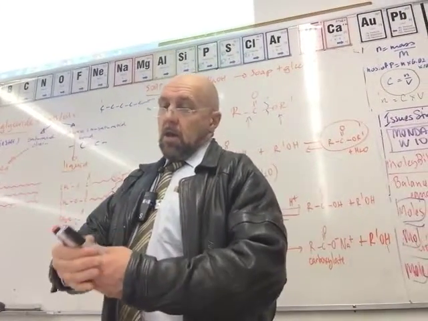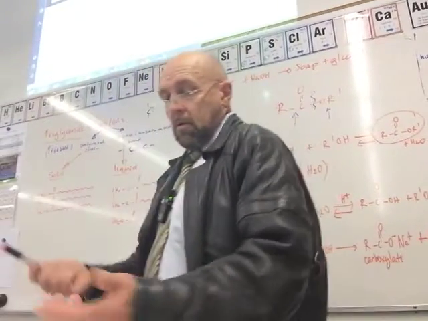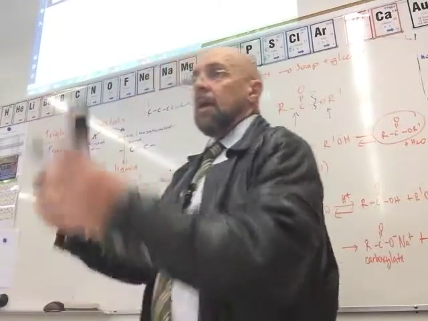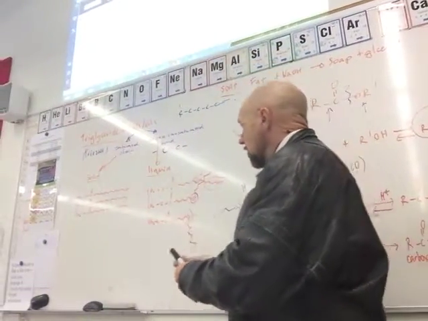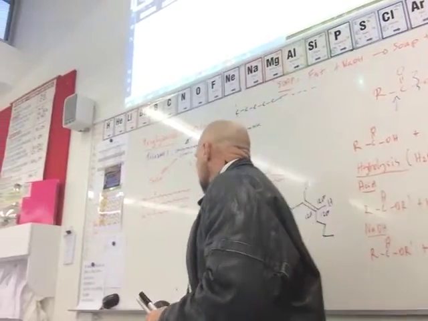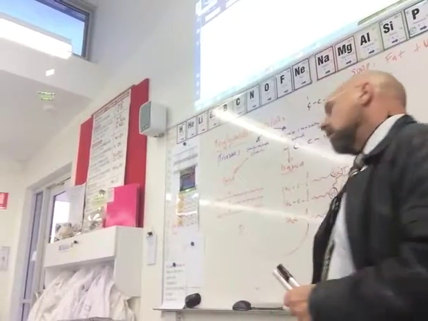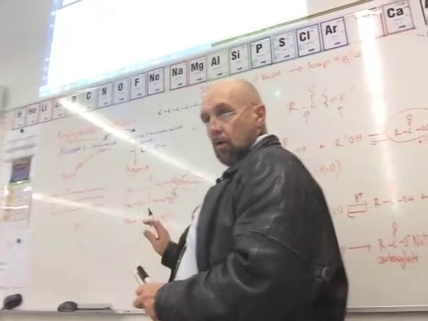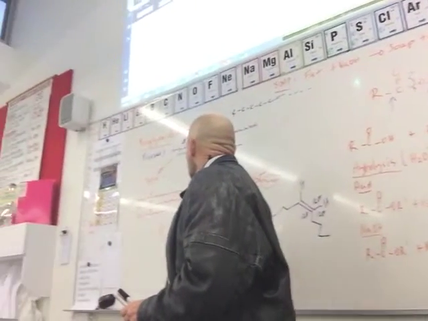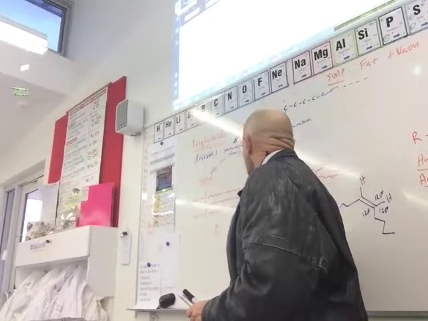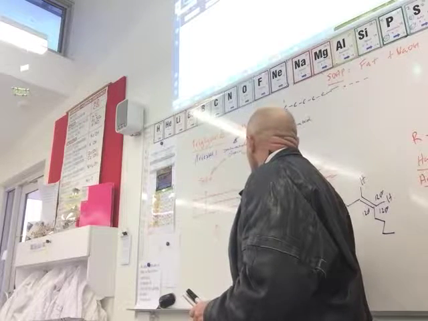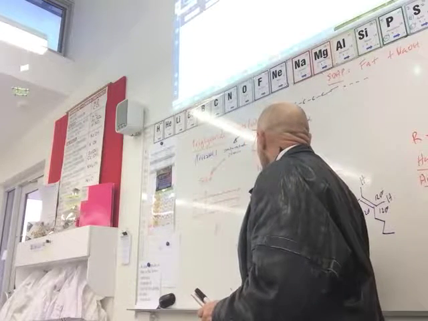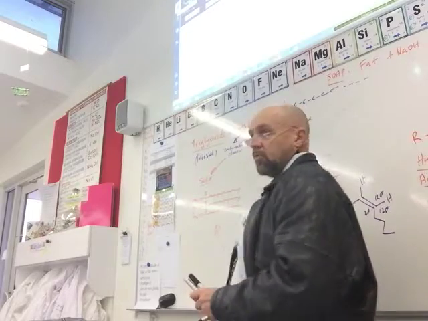So what we do is use chemistry to make everyone happy. We take this unsaturated oil and carry out a process where we add hydrogen. It's called hydrogenation. It's done at high temperature and pressure.